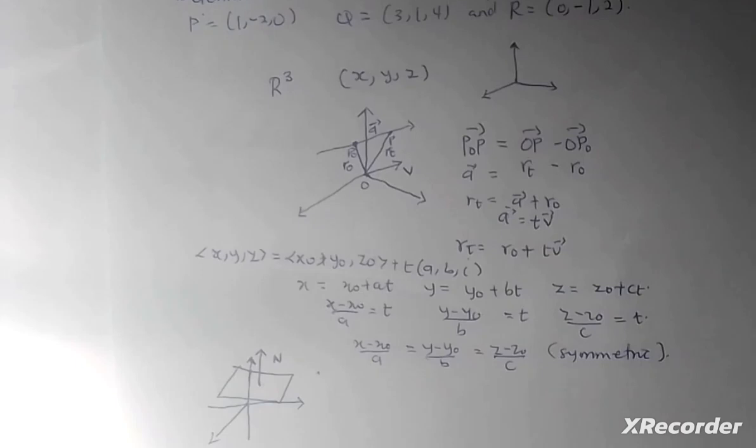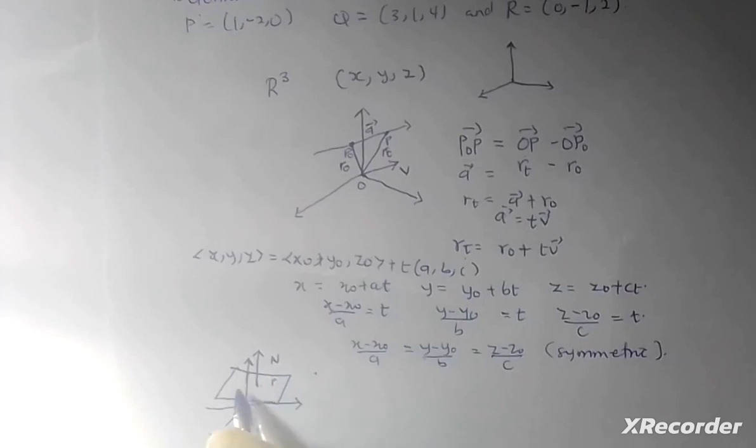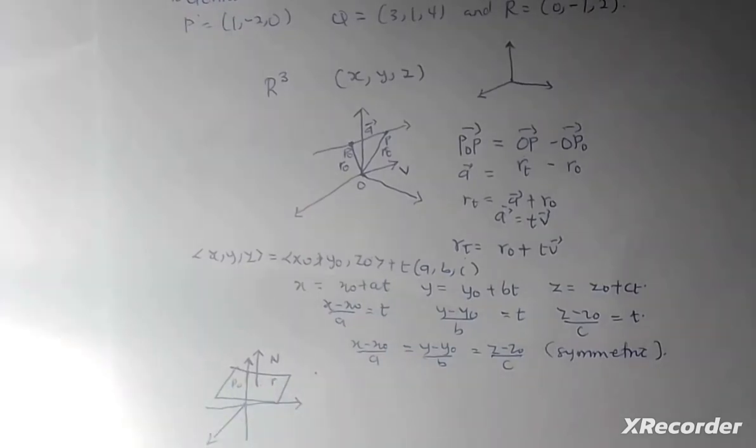Now, you have 2 points in the plane, and these points will be P and P naught. So this P will simply be a vector from the origin, then this P naught from the origin, then this P from the origin. So once I get this, I can join P and P naught to form another vector.